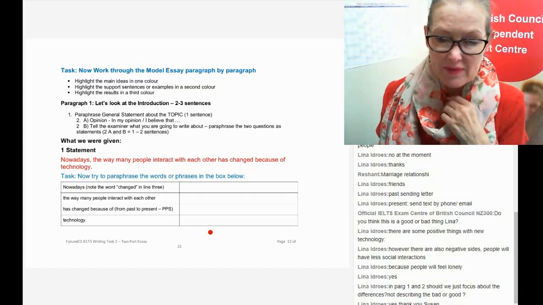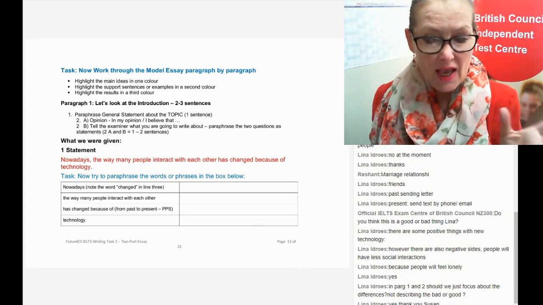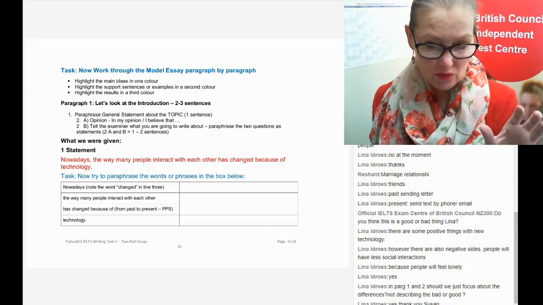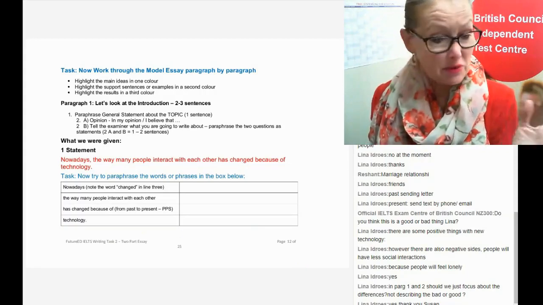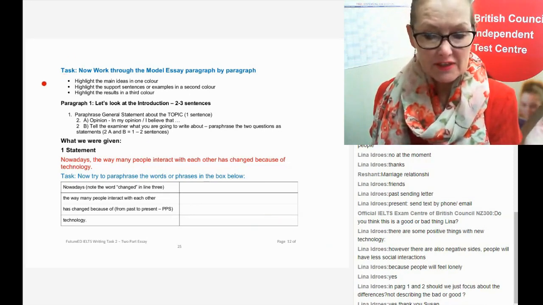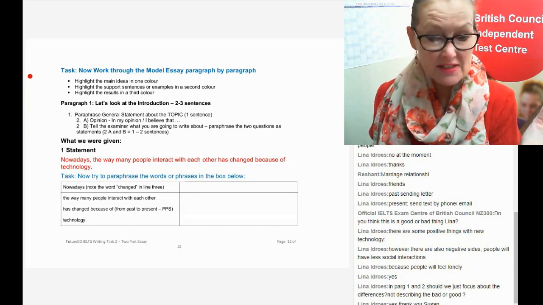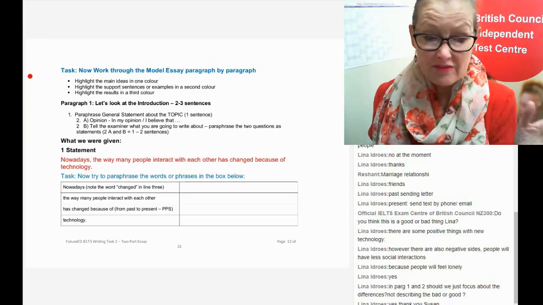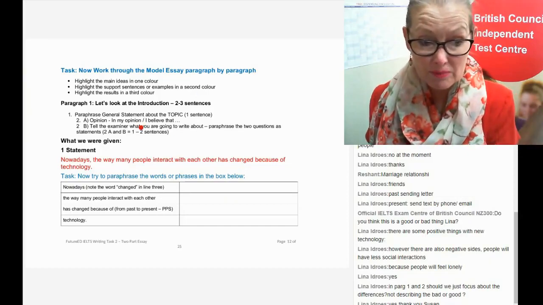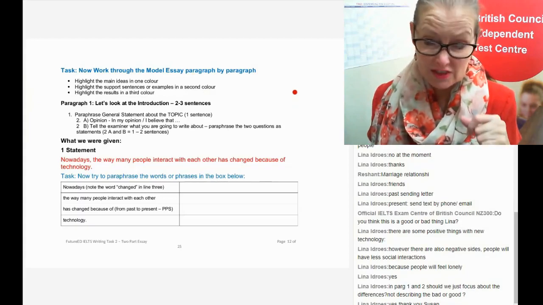If we say the result is children don't play anymore, and we've assessed the situation, or the result is that people don't write letters anymore. Is this good or bad? But then the second question asks us to address whether these changes, the changes that we've spoken about, have become a positive or a negative development.